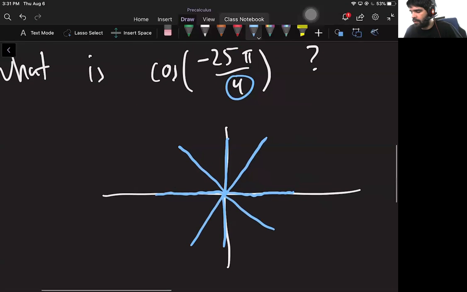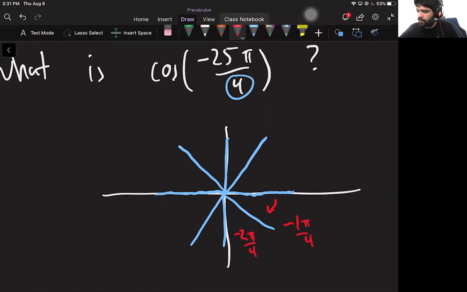And then to get to 25, I can do this pretty quickly. If I go down, that's negative 1 pi over 4, then negative 2 pi over 4, and so on. But I'll just skip because I already know if I go all the way around, that'll get me to negative 8 pi over 4, because I'm going that way. So then I go around again, that'll take me to negative 16 pi over 4.